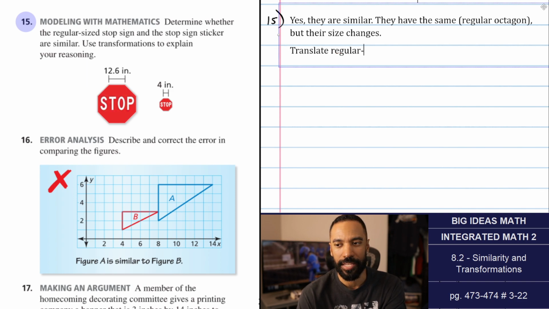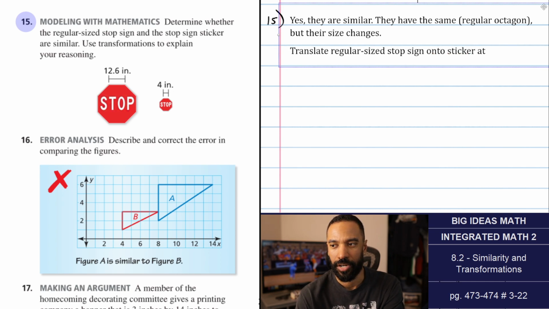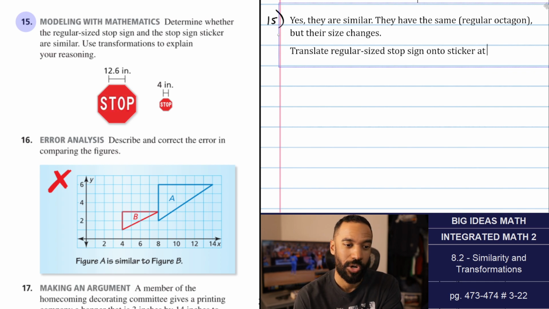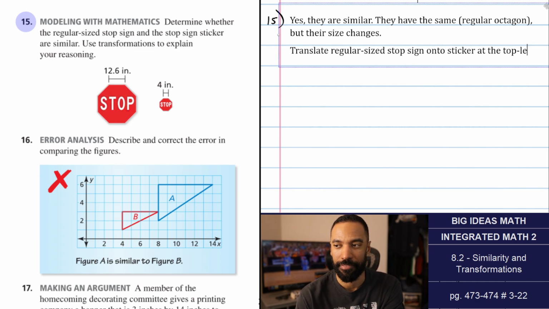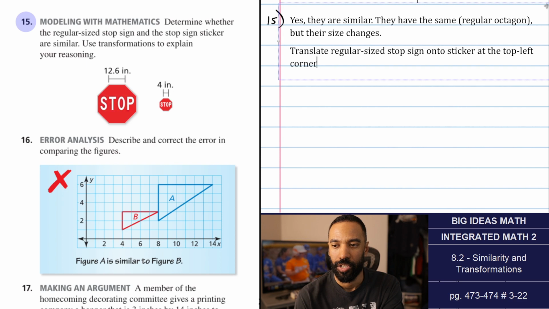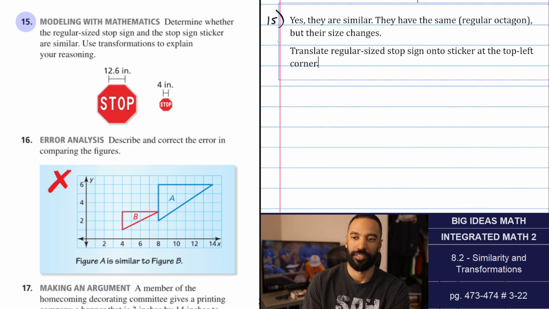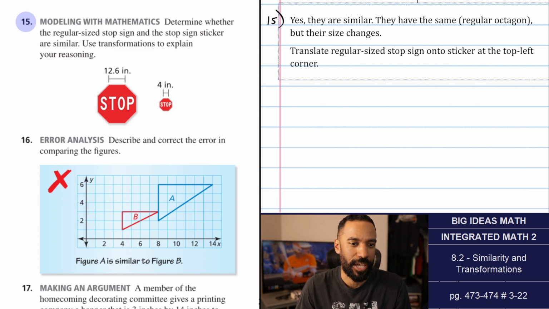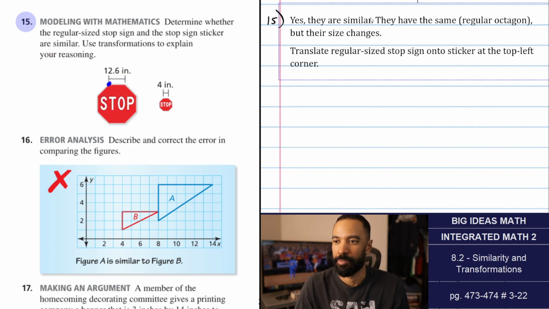Translate regular sized stop sign onto sticker at the corner, at the top left corner. That's hard to say because there are two top left corners. I mean this one right here. Top left corner marked.